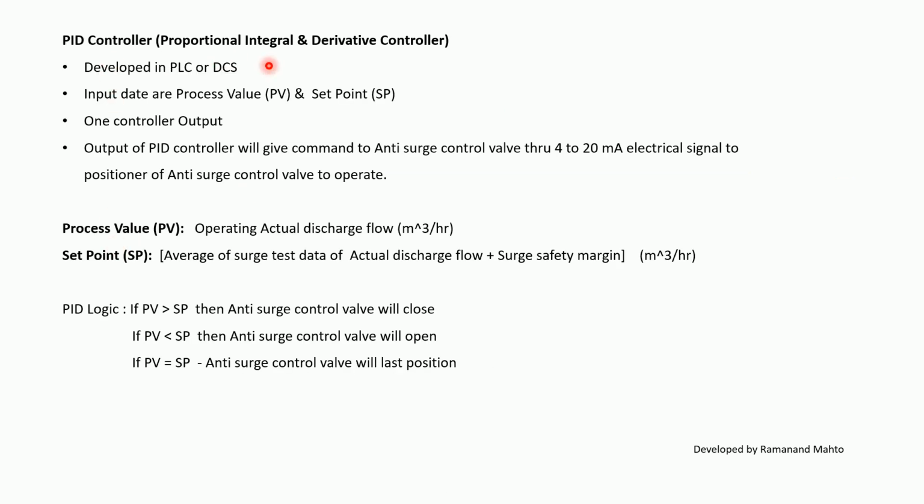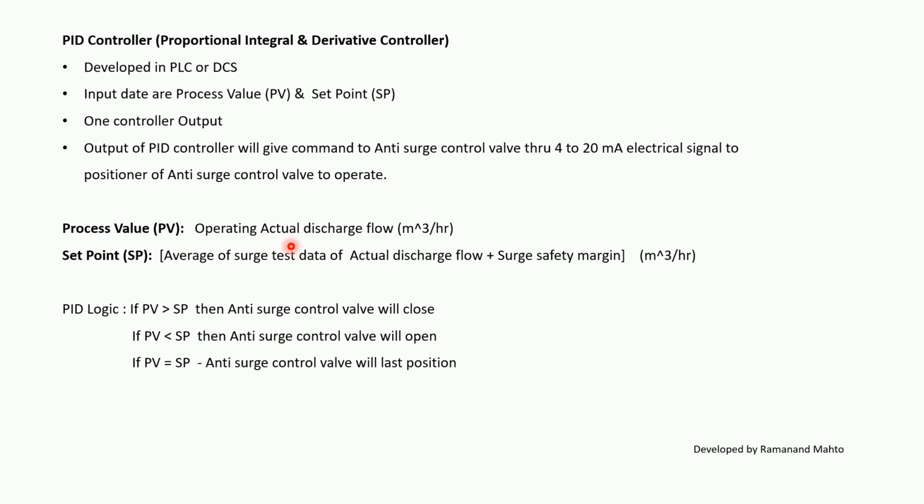PID controller, proportional integral and derivative controller, is developed in the PLC or DCS. Input data are process value, PV, and set point. One controller output. The output of the PID controller gives a command to the anti-surge control valve through a 4-20 milliampere electrical signal to the positioner of the anti-surge control valve to operate it.